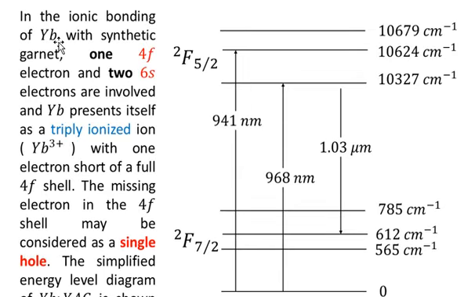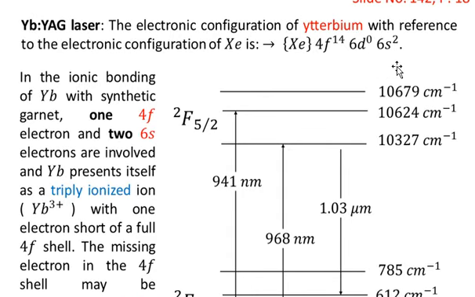In the ionic bonding of ytterbium with the synthetic garnet, that is with the synthetic YAG, 1 4f electron and 2 6s electrons are involved. So you can notice that 2 6s electrons and 1 electron from the 4f, these 3 electrons will be involved in the ionic bonding.